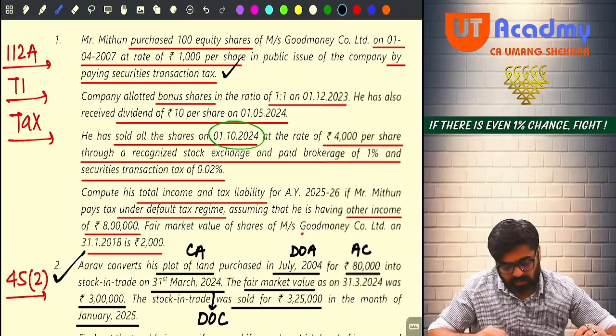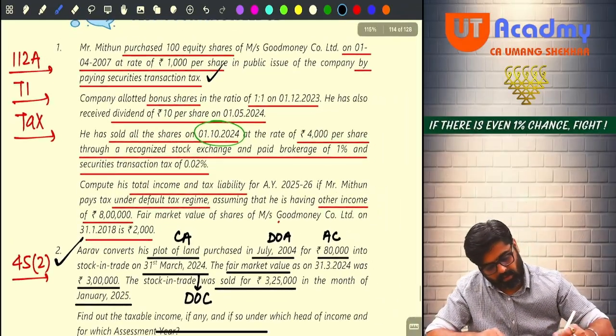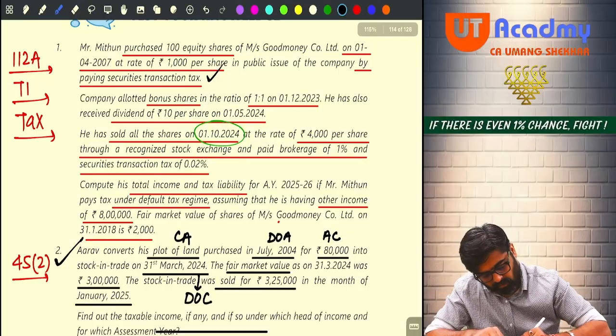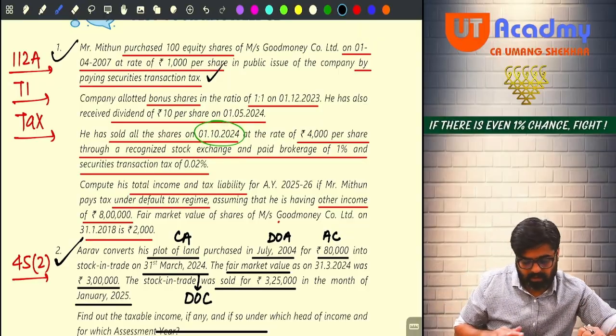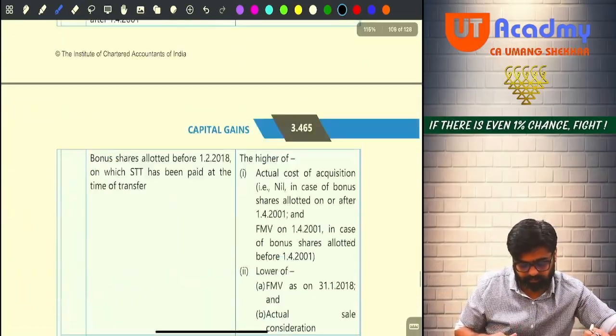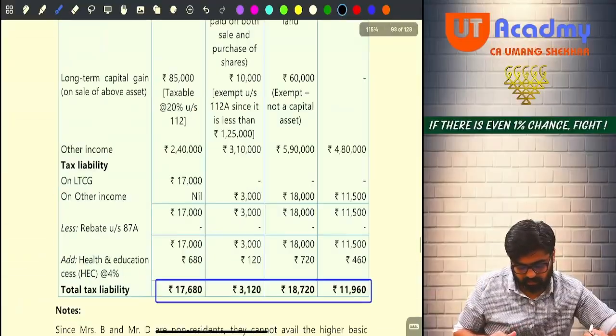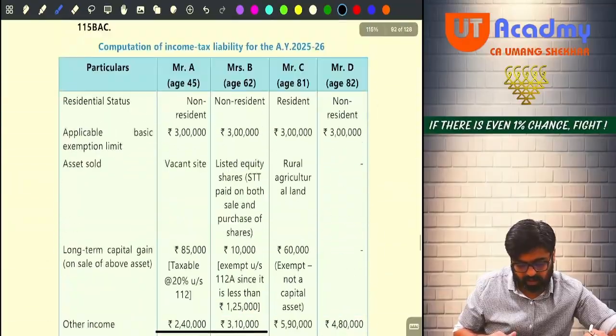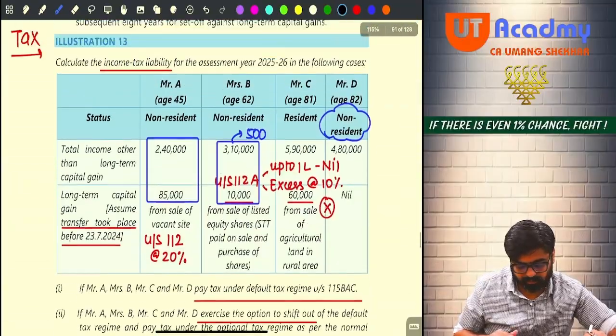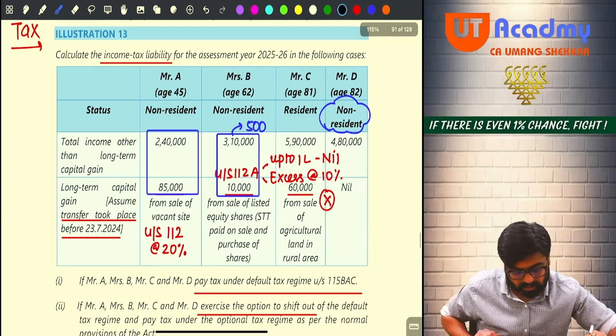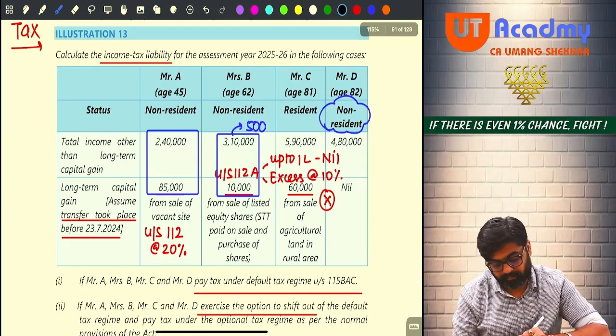Perfect. Now the last question. Last question we are going to solve. One is done, no? Now the last question is in illustrations. So in your illustrations, mark this question also as important. Illustration number 13.